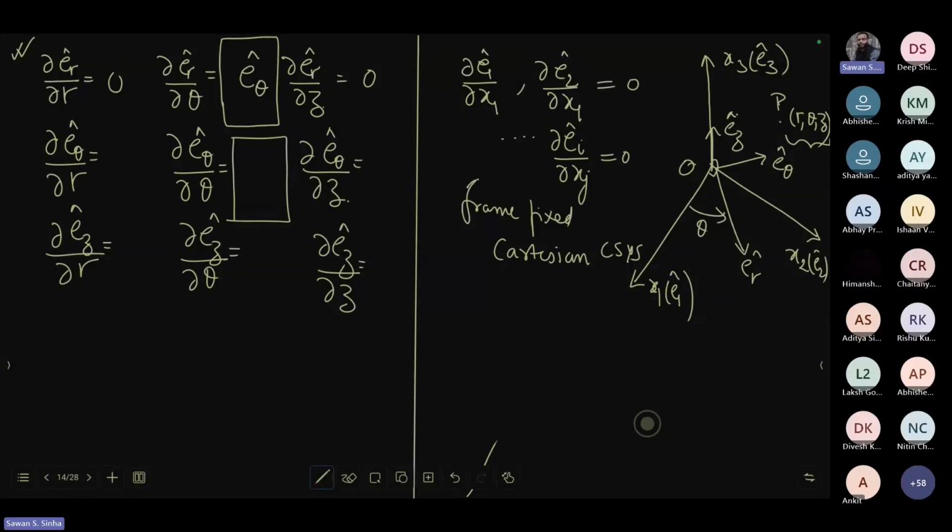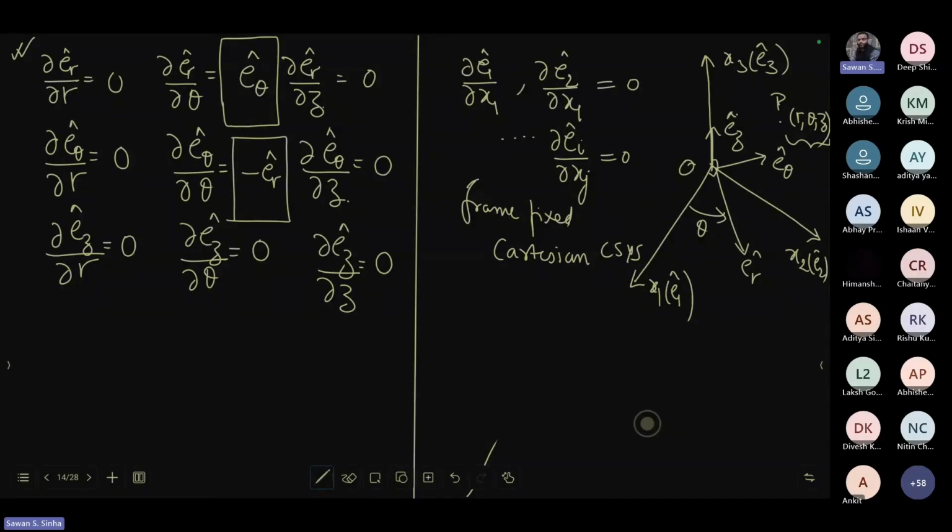The next one, del E theta del R, still zero. But del E theta del theta turns out to be non-zero, and again it can be derived and shown that it is actually minus ER. The rest of them, derivative of E theta with Z, derivative of EZ with R, derivative of EZ with theta, derivative of EZ with Z, all are zero.